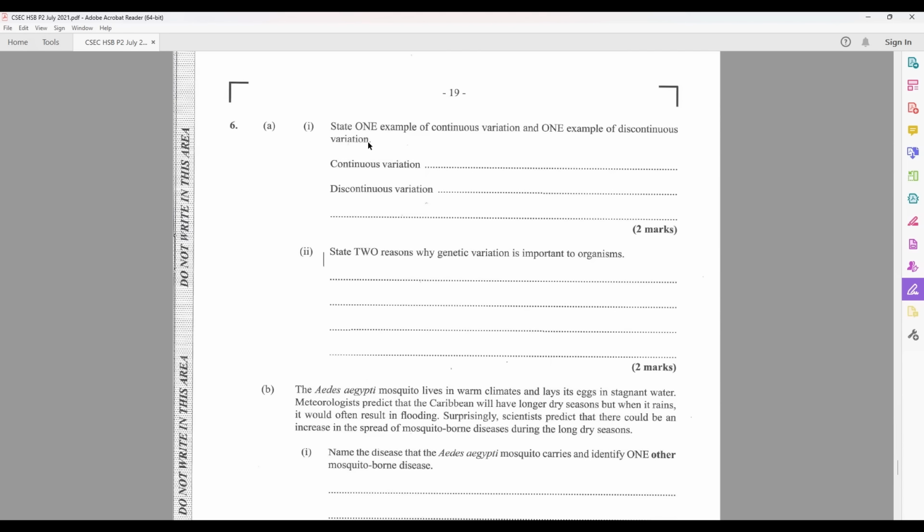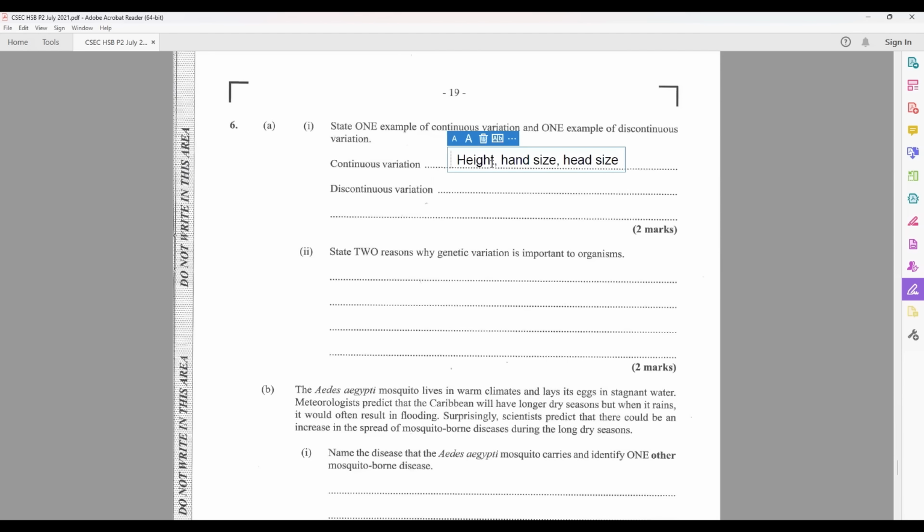Continuous variation. State one example of continuous variation and state one example of discontinuous variation. We know that continuous variation is anything that is on a spectrum that continues. There is no right or wrong for it.